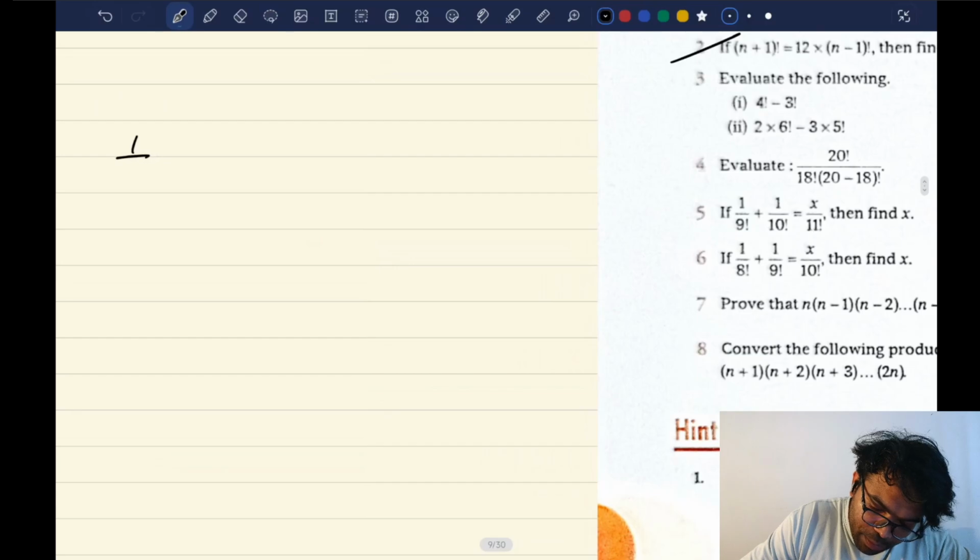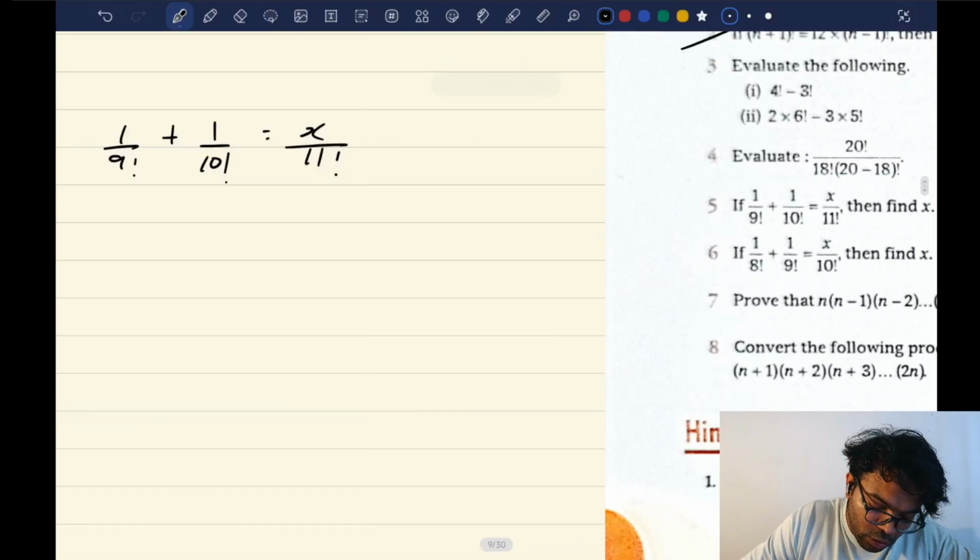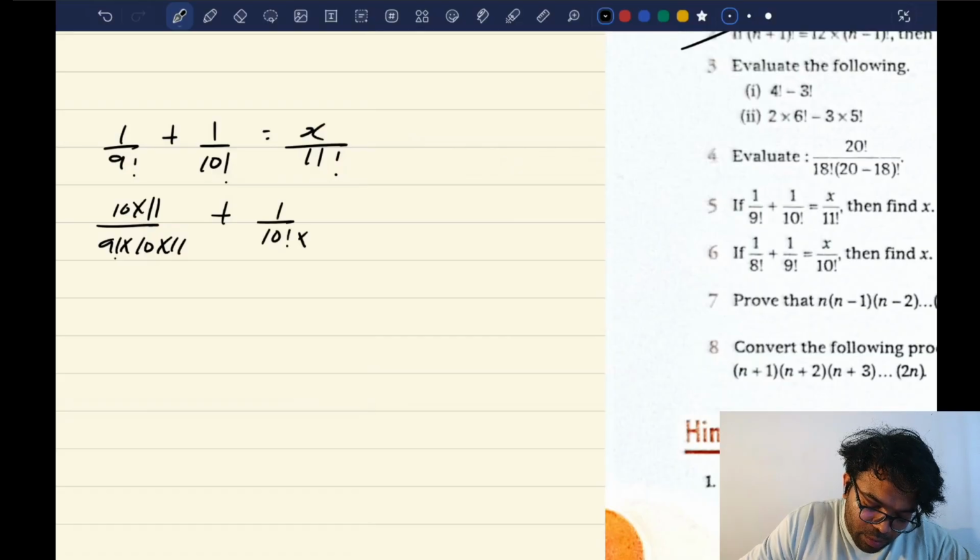If 1 upon 9 factorial plus 1 upon 10 factorial is equal to x upon 11 factorial, you basically make the denominator 11 factorial. To do that, what do you do? So 10 into 11 upon 9 factorial into 10 into 11, plus 1 upon 10 factorial multiplied by 11, is equal to x upon 11 factorial.